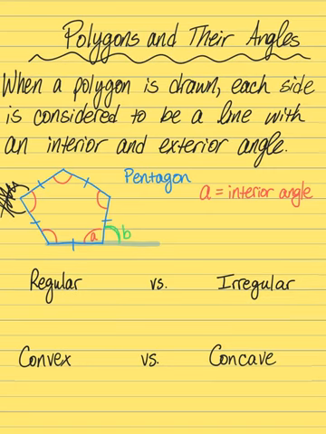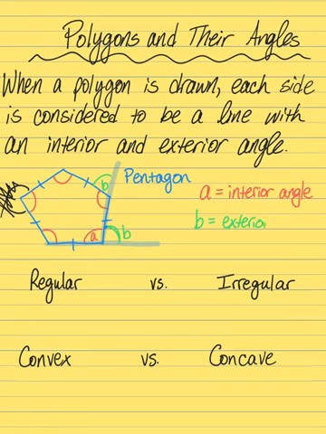And so for each side of the polygon, it extends to its own line. So again, if I grab a highlighter here, the other exterior angle is over here. So angle B is the outside or the exterior angle of my polygon.